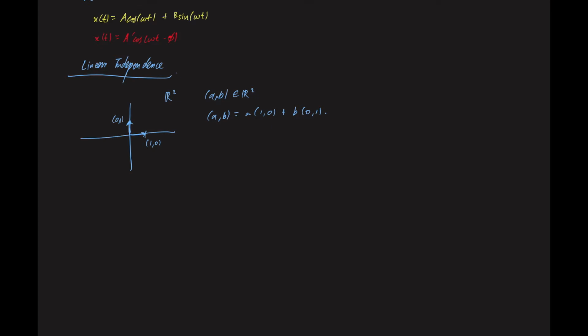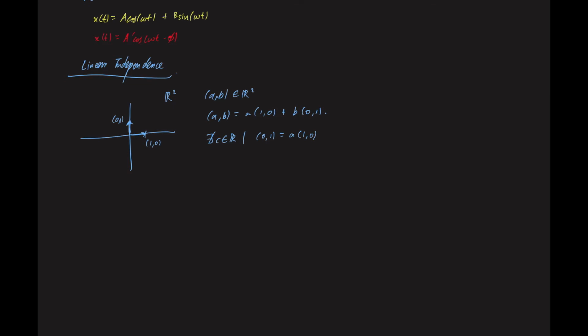But why are they linearly independent? They're linearly independent because there is no constant c such that 0 comma 1 is equal to c times 1 comma 0 and vice versa. So we cannot scalar multiply one of these basis vectors to get the other.